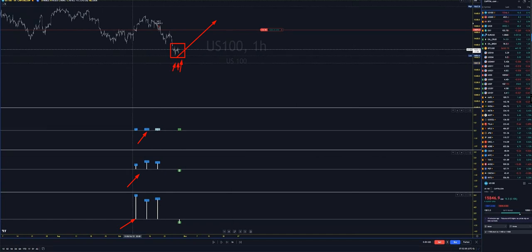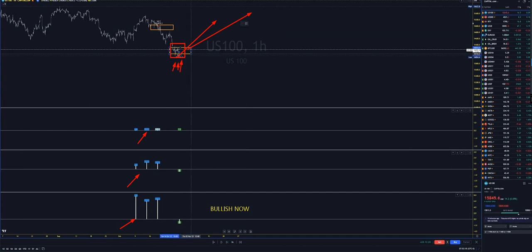So I mark first of all where we entered the trade. It was our entry. Now we take out the trend, we close the bearish positions, and we enter a long.